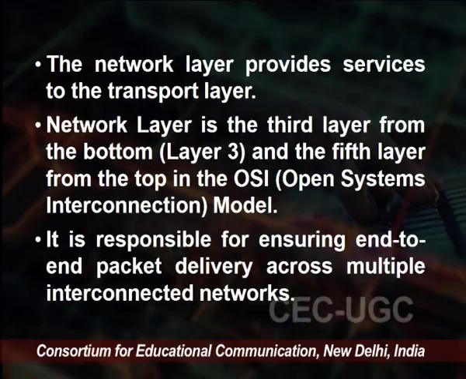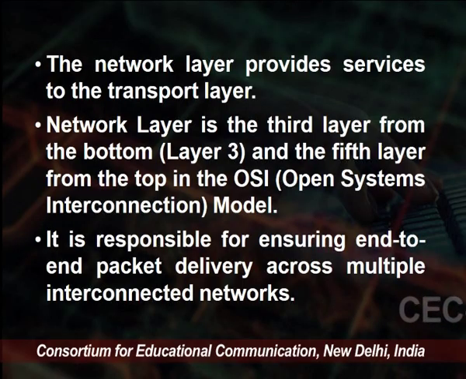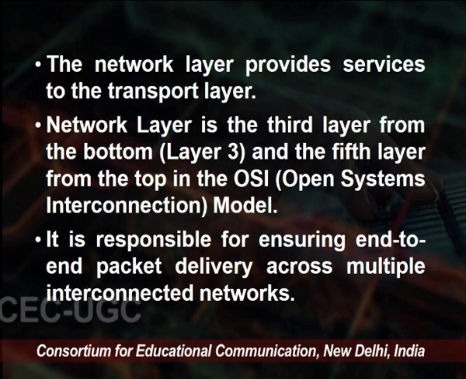Network layer is the third layer from the bottom, or the fifth layer from the top, in our OSI model. In brief, the data link layer is present at the bottom of the network layer, and the transport layer is on top of it. So the network layer provides services to the transport layer.